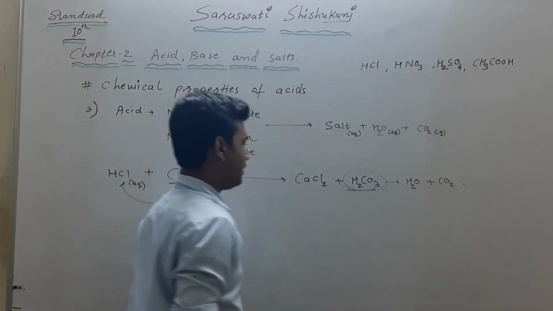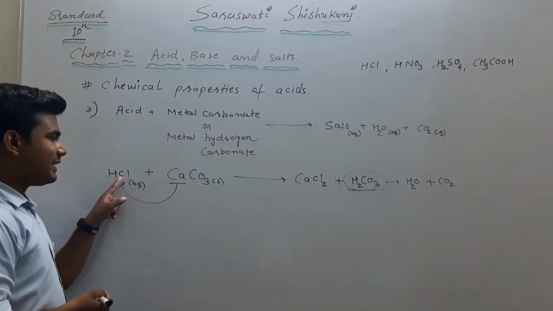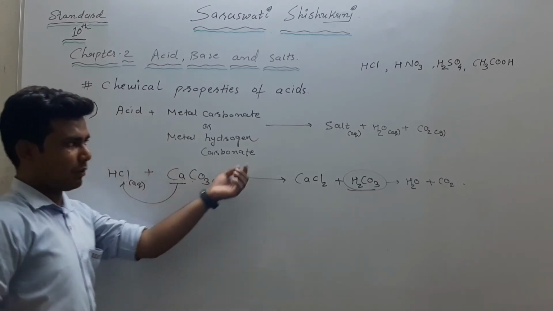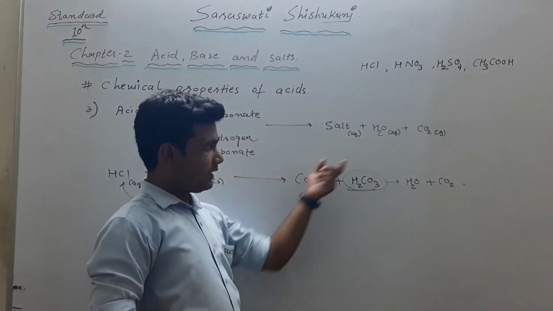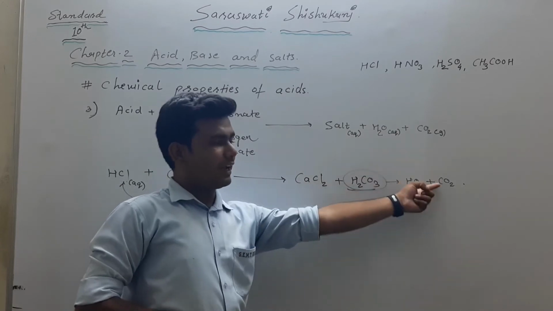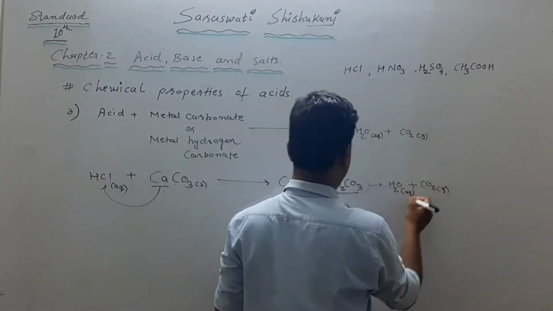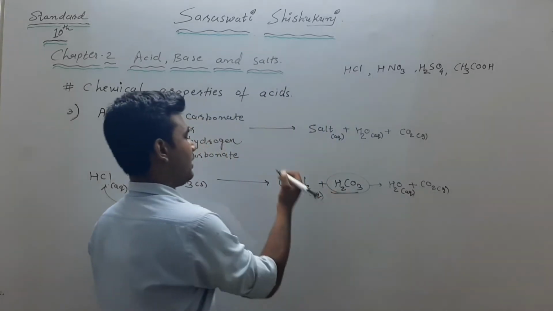So here we have HCl plus CaCO3, meaning acid plus metal carbonate or bicarbonate. It will give us salt, water and carbon dioxide gas. So this will be our aqueous one, right?